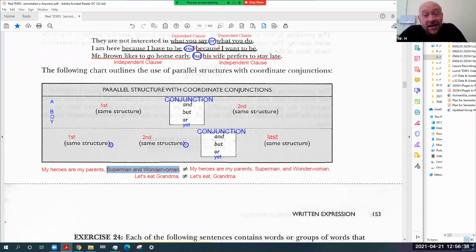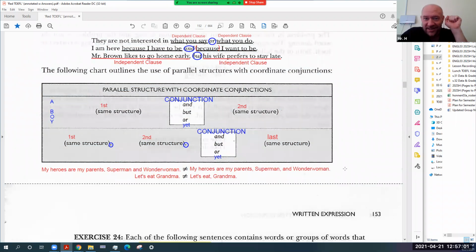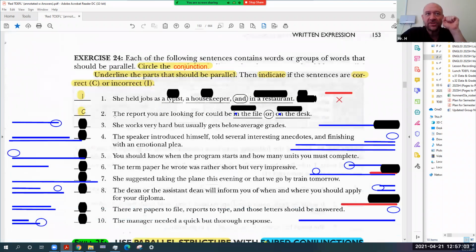Without the comma, I have only 2 heroes, my parents. My father is Superman and my mother is Wonder Woman. So why am I telling you this? The reason is that commas are very important, gentlemen. All right, let's look at the exercise.